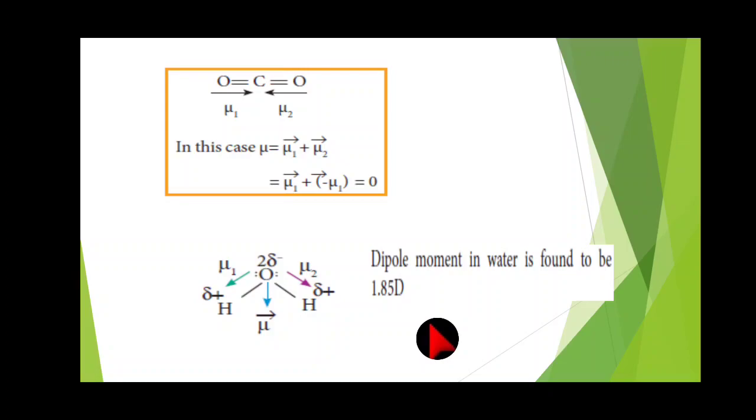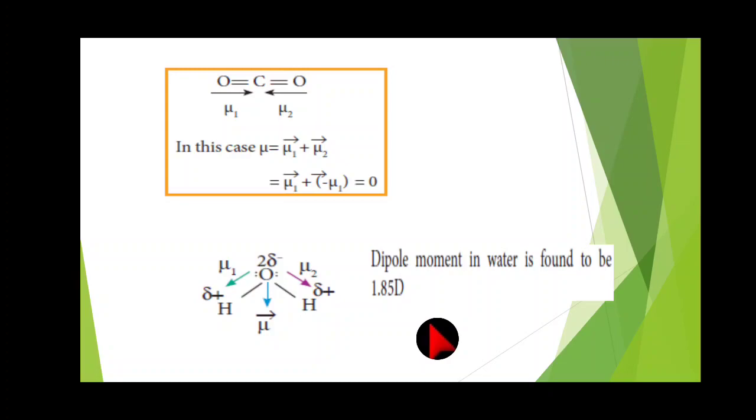Not only that, if the electronegativity difference between atoms A and B in a molecule is equal to 1.7, then the bond AB has 50% ionic character. So an electronegativity difference of 1.7 means 50% ionic character.